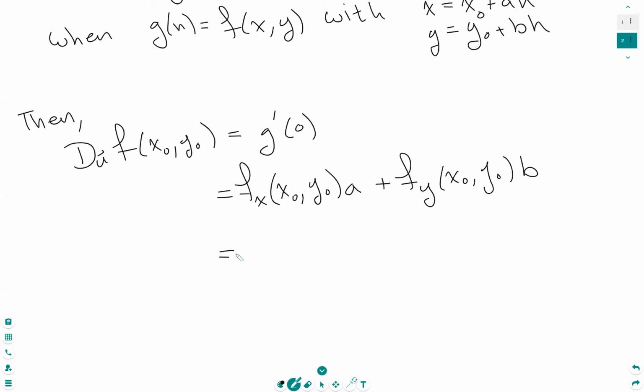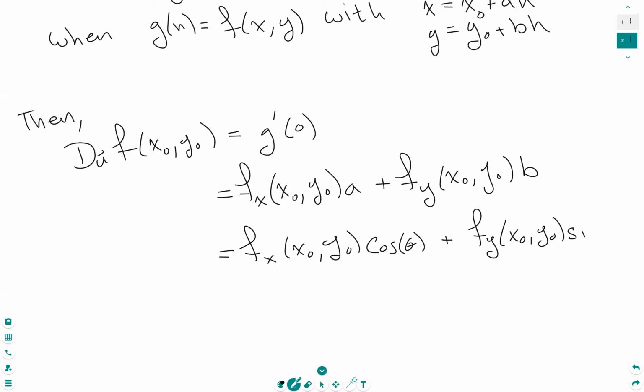We knew that the x component of u was just cosine of theta, and the y component of our u vector was just sine of theta. So this is two ways that we can write this. If we know the angle from the x direction, we can write it using cosines and sines. If we know the unit vector's actual description, with an x component and a y component, in terms of a and b, we can write it using this form.